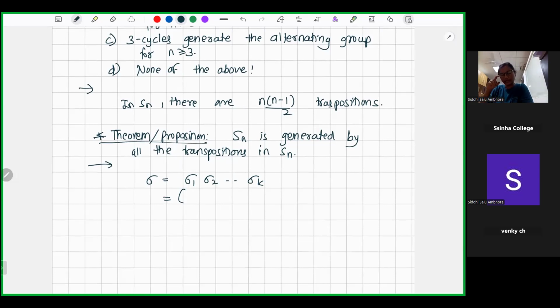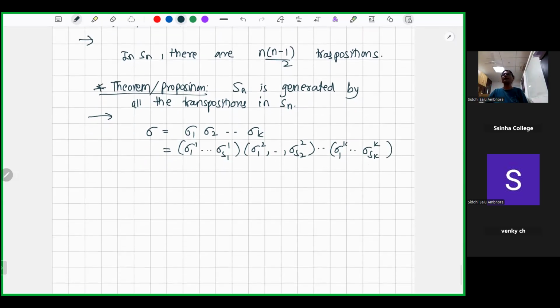Each of them is a cycle, right? So we can write them in this form: sigma 1,1, sigma S1,1, sigma 1,2, sigma S2,2, and so on up to sigma 1k, sigma Sk,k.